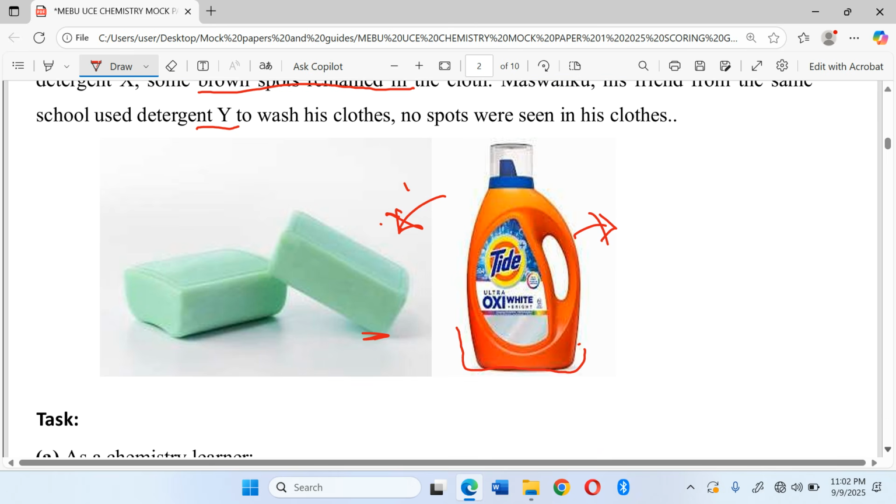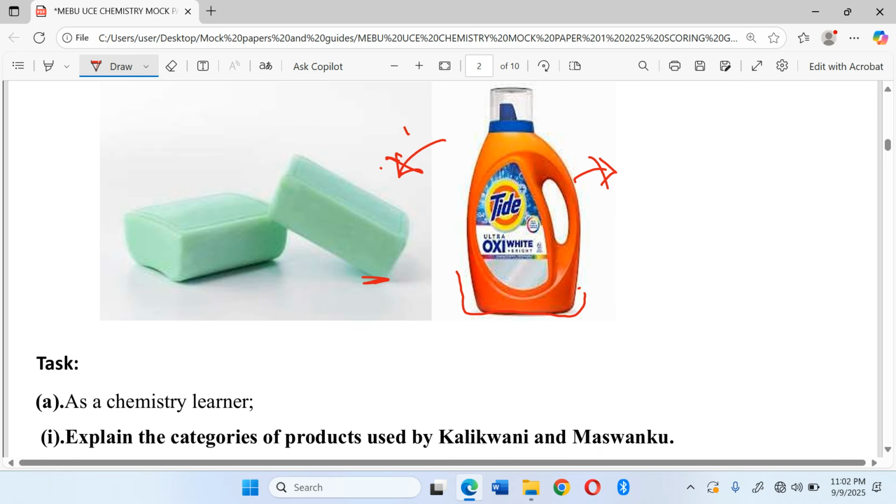Now look at this task. They're saying, as a chemistry learner, explain the categories of products used by Karikwan and Maswanku. Which kind of product did Karikwan use? Which kind of product did Maswanku use?